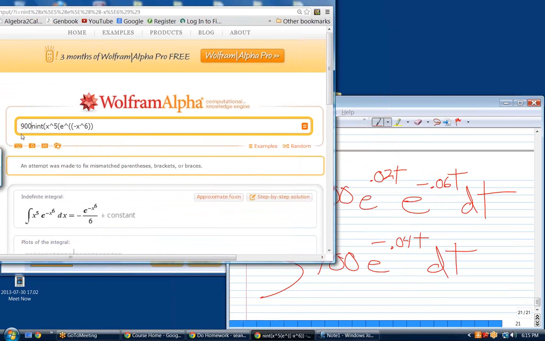900 times nth of e to the minus 0.04t. Ooh, I don't know how to do infinity on the calculator. Well, good point. I'm not sure how to do it either.